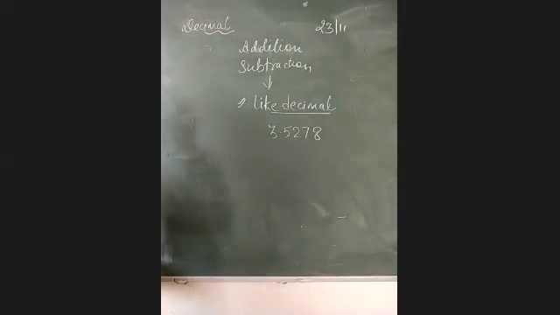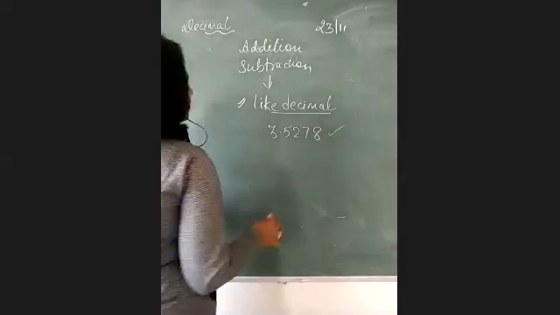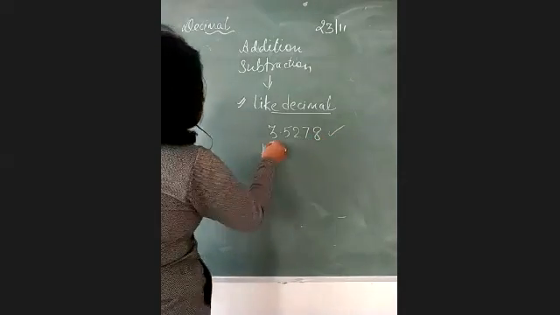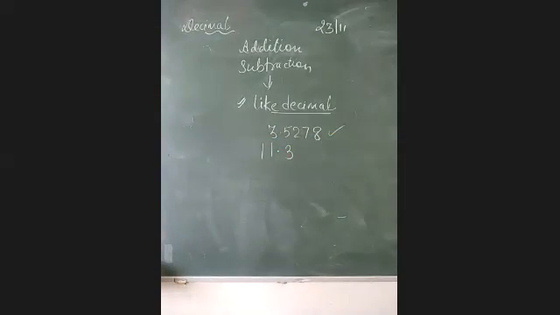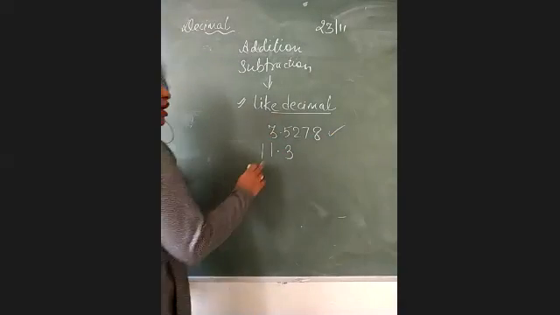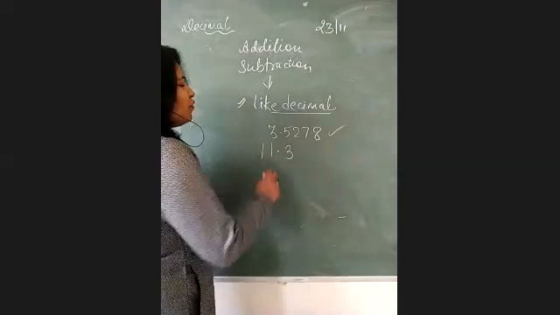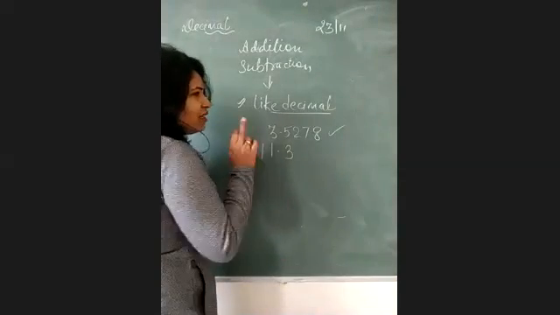So remember, suppose you have two numbers: one is 3.5278, another is 11.3. In that situation, what will you do first? If you have to add, first you will convert both numbers into like decimal.